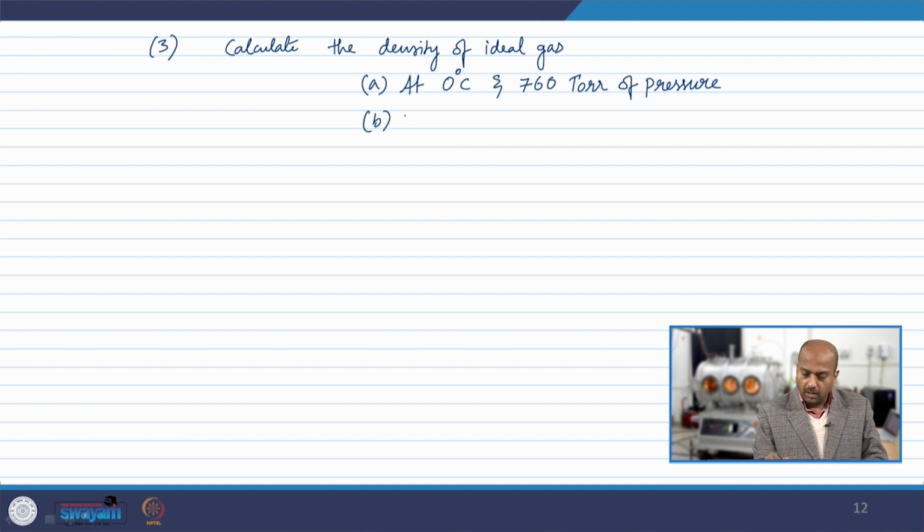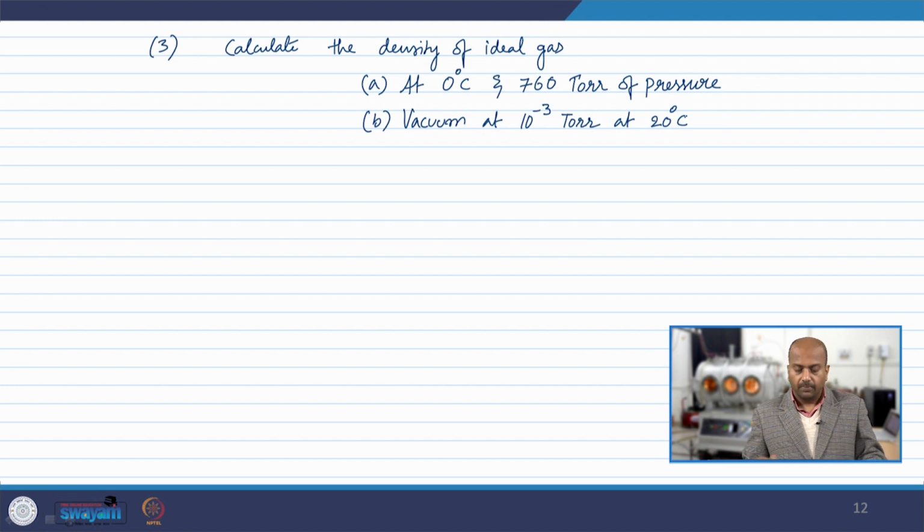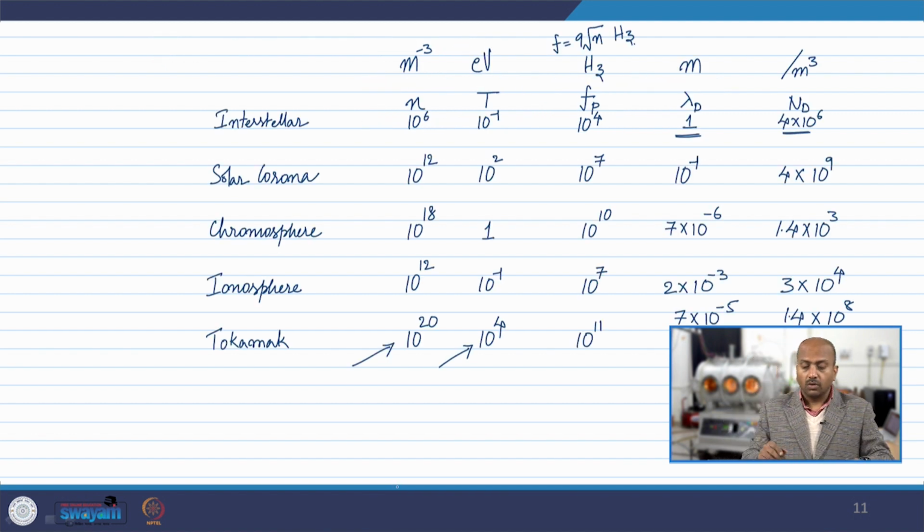Second part: calculate the density of an ideal gas near vacuum at 10 to the power of minus 3 torr of pressure at 20 degree Celsius. This example can help you visualize how weak or how strong this plasma is in comparison to the average molecular densities that we have in the atmosphere, in the air that we breathe.